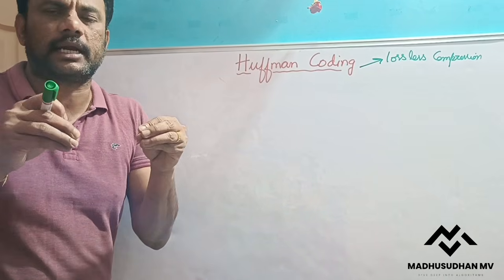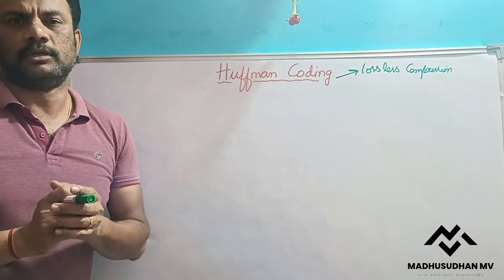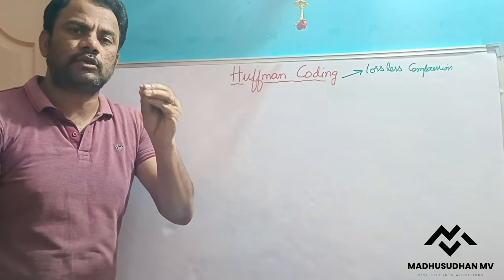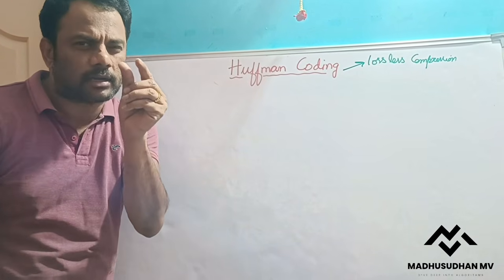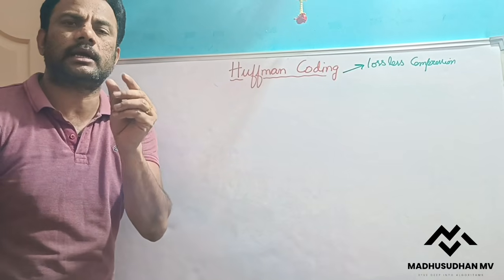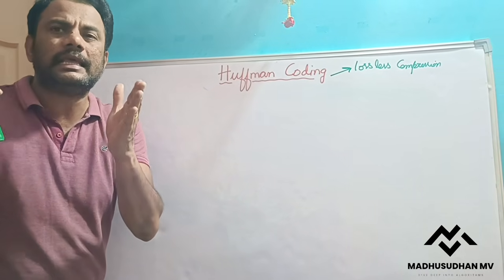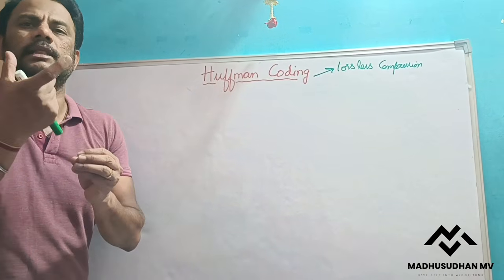For each character, it will assign a variable length code. That means for the characters which are used very frequently, it gives a shorter length code, and for the characters which are least frequently occurring, a lengthy code.